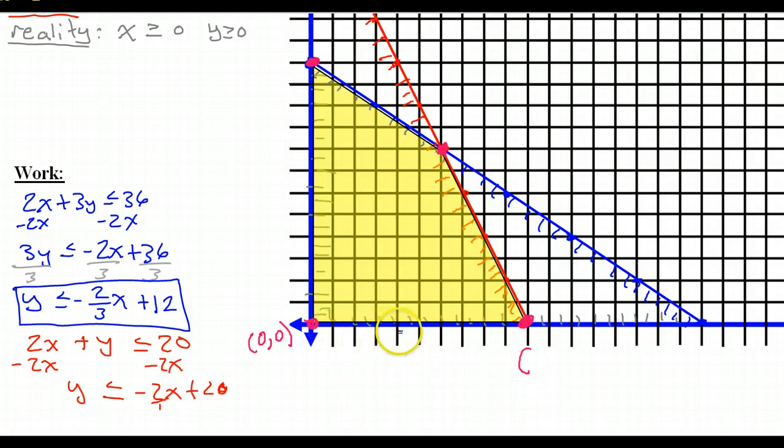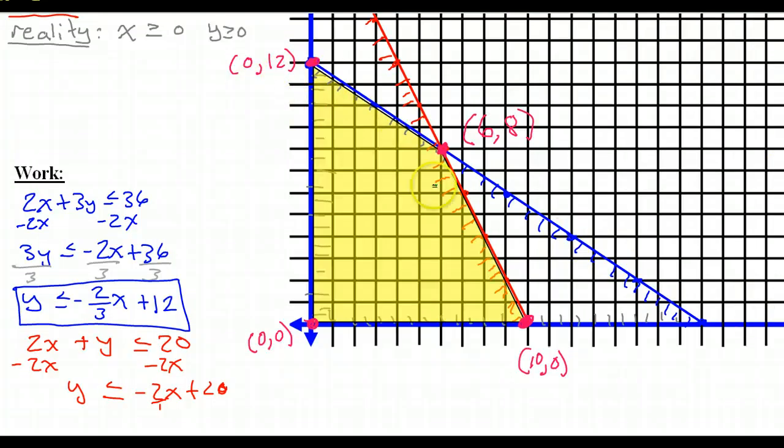See, 1, 2, 3, 4, 5, 6, 7, 8, 9, 10, 0. 1, 2, 3, 4, 5, 6. 1, 2, 3, 4, 5, 6, 7, 8. So this is 6, 8. And this, I think, was 12, right? 2, 4, 6, 8, 10, 12. All right, so this one was 0, 12. So those are the 4 vertices.